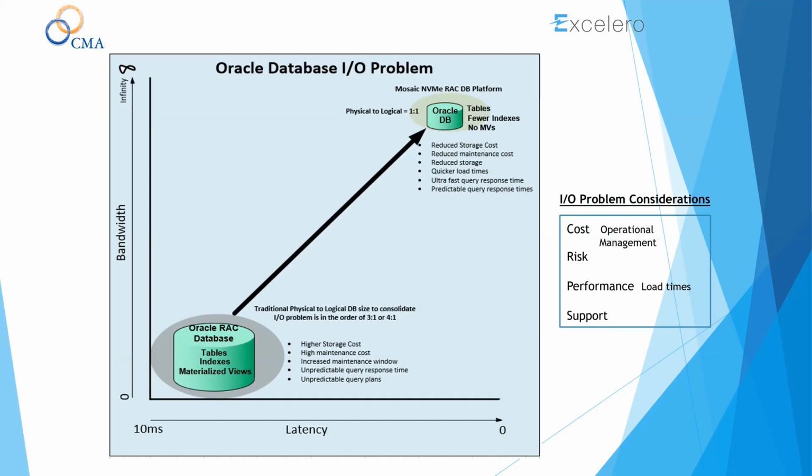Traditionally, for these Oracle RAC databases, there's been a proliferation or explosion on the database side. When you look at the physical to logical database size, meaning what my physical database objects are relative to what the business size of the database is, in other words, what columns and attributes I need just to support the business analysis itself, we've seen about a 3 or 4 to 1 explosion.